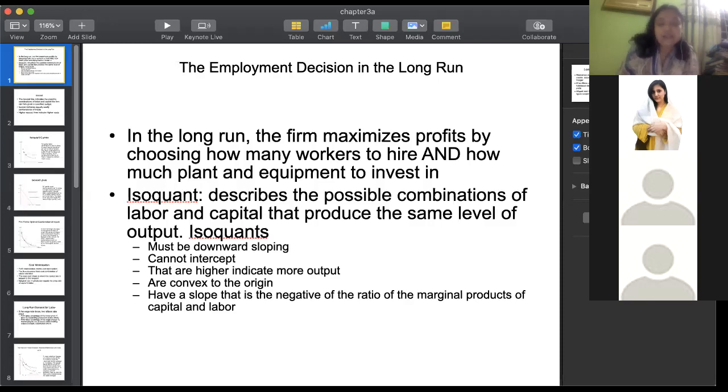So what does the isoquant tell you? An isoquant is a graph that shows all possible combinations of labor and capital that produce the same level of output. So if you want to produce 100 units of output, you can use various combinations of labor and capital, and each of these combinations will always result in the same level of output.